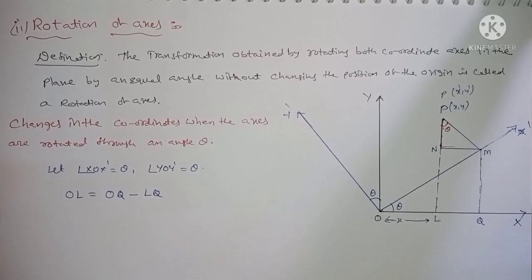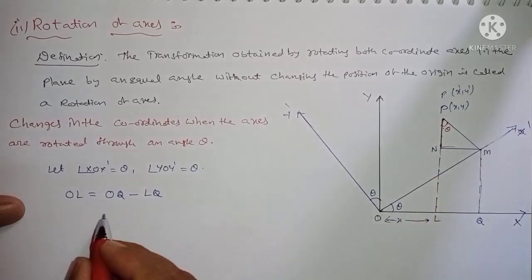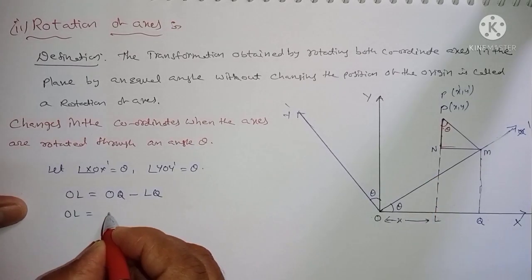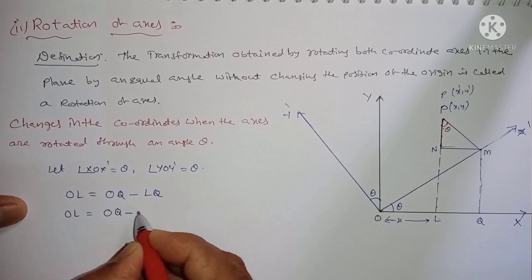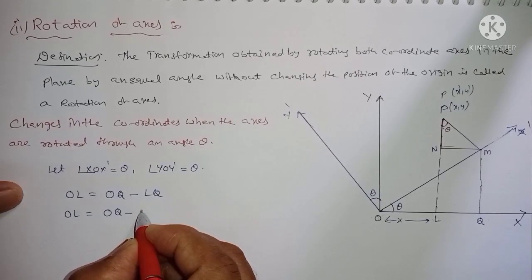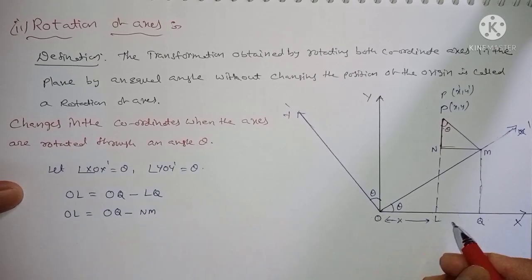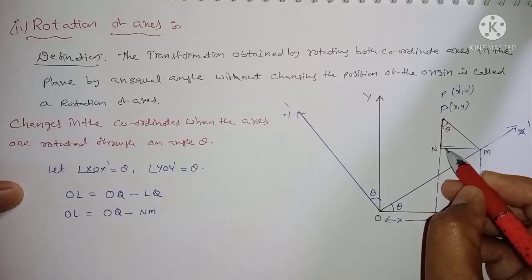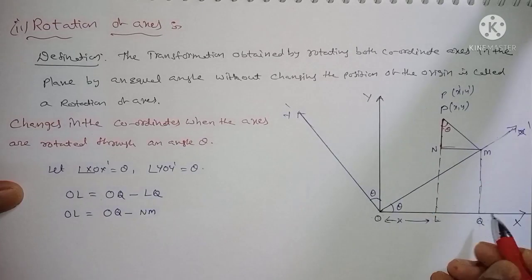Therefore LQ you can find here, LQ is nothing but MN. OL is equal to OQ minus NM, because LQ is equivalent to NM, both are the same by the figure.